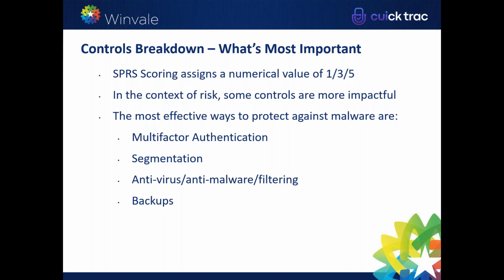So very simply, the most effective way to protect against malware, specifically ransomware, is going to be multi-factor authentication in as many places as you can get it, right? So if you have Microsoft 365, and that's where you get your email and your Teams and data sharing, we want to put multi-factor authentication onto our webmail. We want to put it on our authentication if you're using Microsoft Azure.